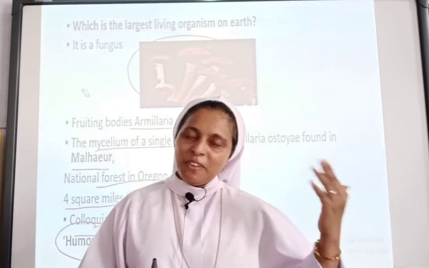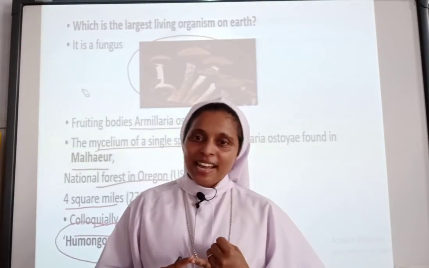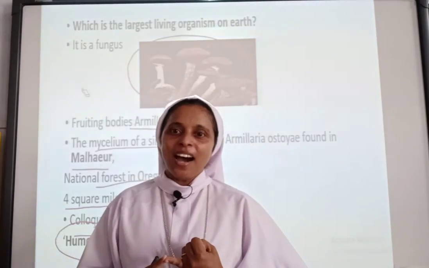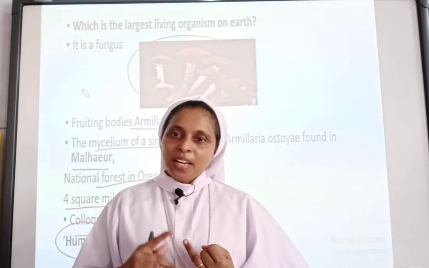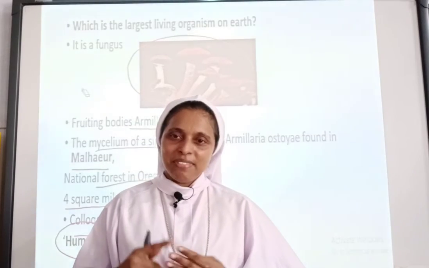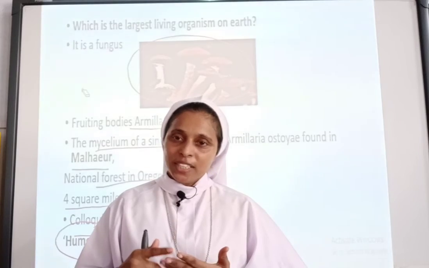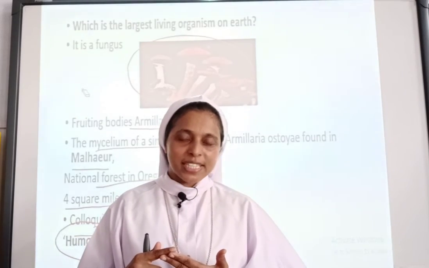Once again, revising the portions that we have learned today. We have learned the various classes of kingdom fungi: deuteromycetes, ascomycetes, basidiomycetes and phycomycetes. We have learned the special features of phycomycetes, examples, where they live, the nutritional mode, the sexual and asexual spores.